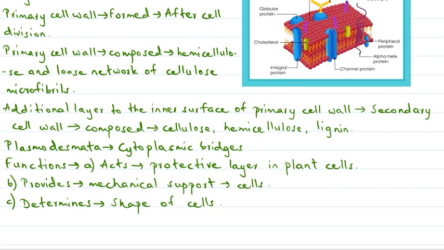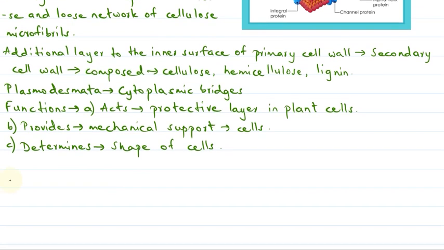Now after the cell wall, let's move to the cell membrane. This cell membrane is present in all the cells, both in prokaryotes as well as in eukaryotes.